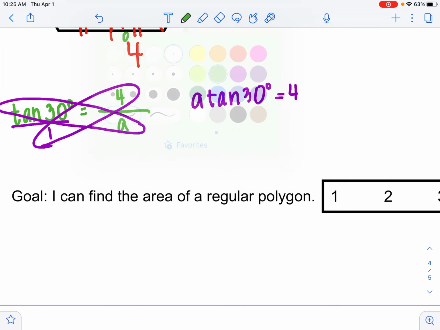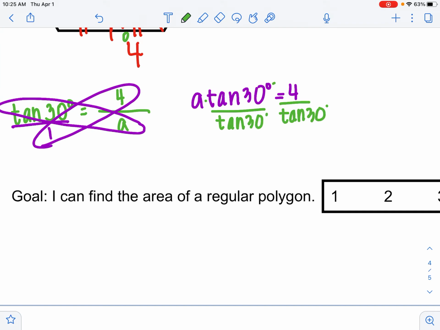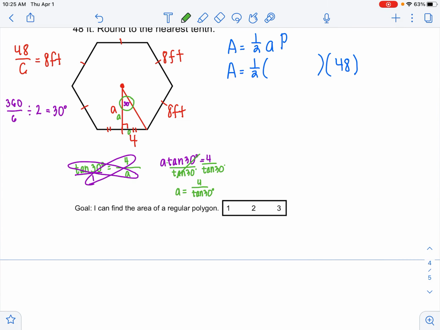I need to get A by itself. Remember, this is multiplication, so I'm going to divide by tangent of 30. Those cancel. And I have A equals, remember, I'm not going to write a decimal. I'm going to leave it as 4 divided by tangent of 30, because that's not my final answer.